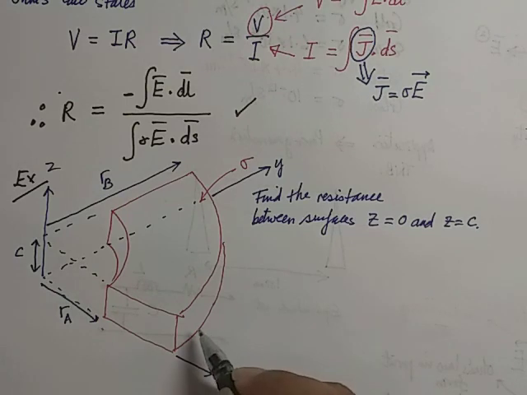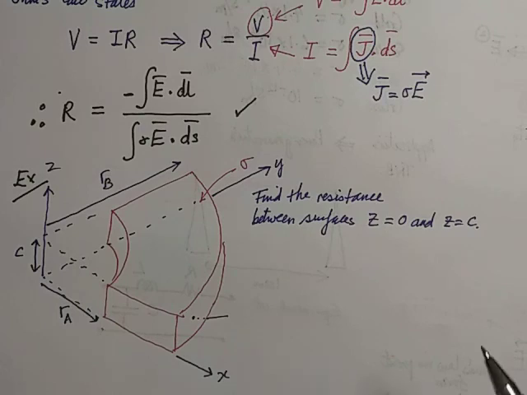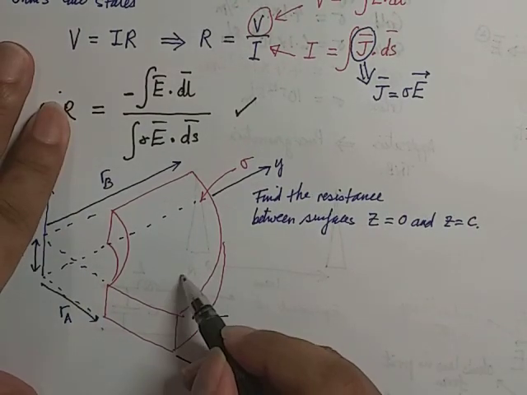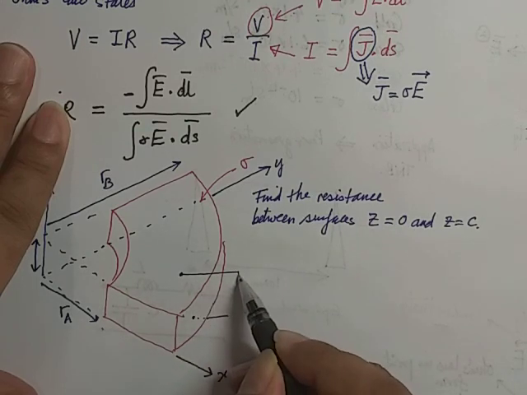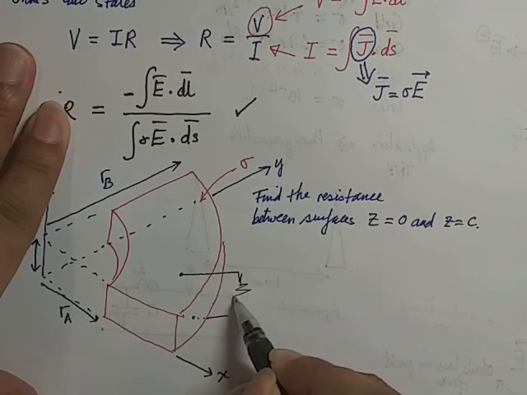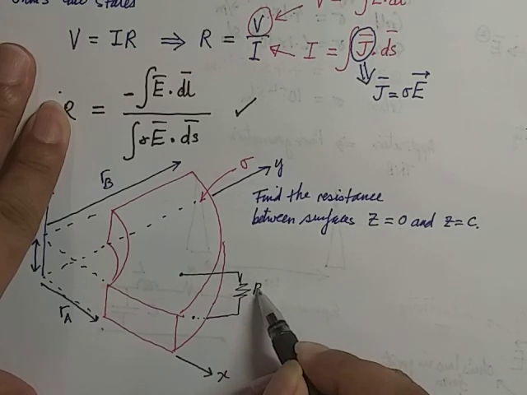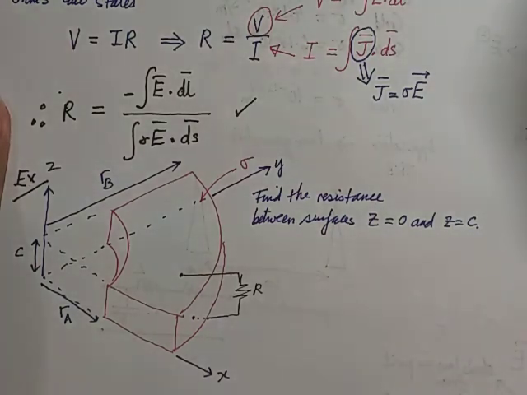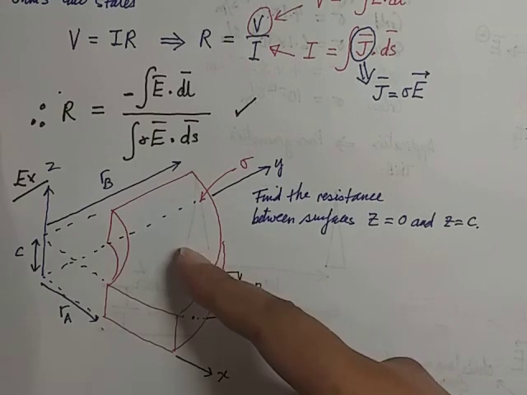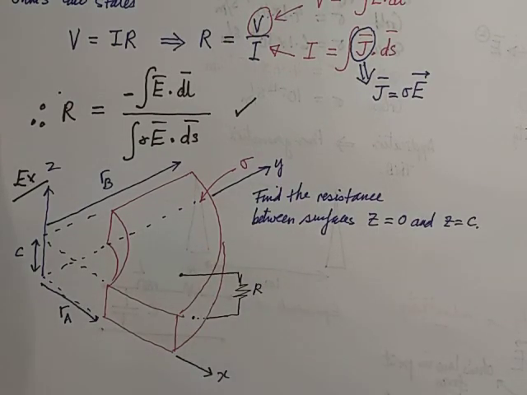Between the bottom surface, z equal to 0, so that should be one reference surface, and the upper surface here, z equal to C. So that should be the imaginary resistance that we need to calculate. What should be the resistance between the bottom surface and the top surface of our structure? Okay, so that should be the task now, finding resistance using field theory.